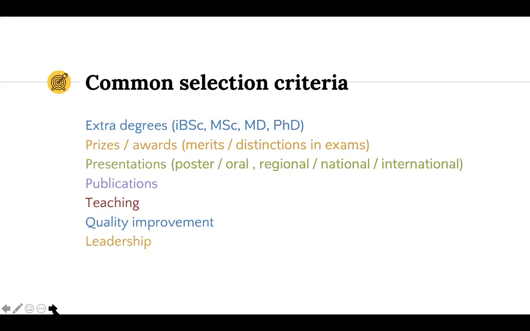In terms of publications, generally they want you to be the first author, and it's best if the publication is on PubMed. Those are the two requirements. Sometimes you can be the second author if you are also the first author on a paper.